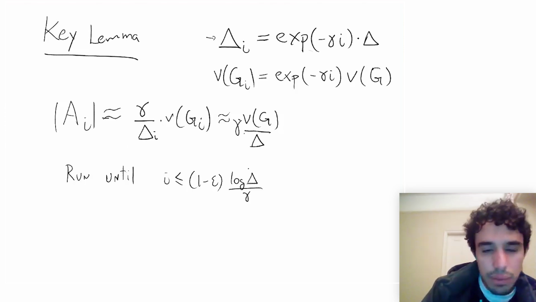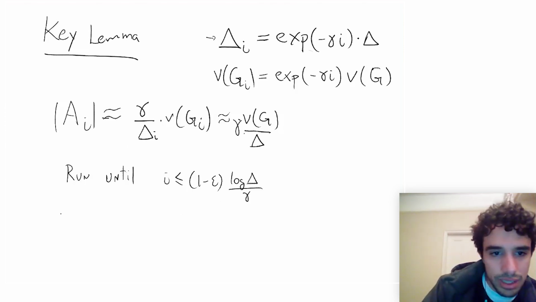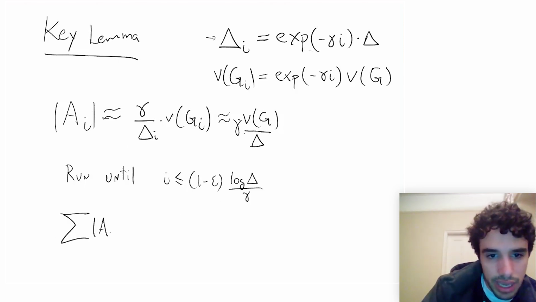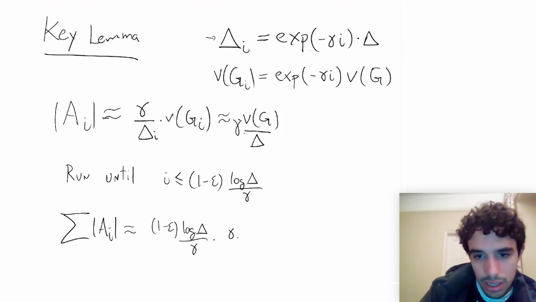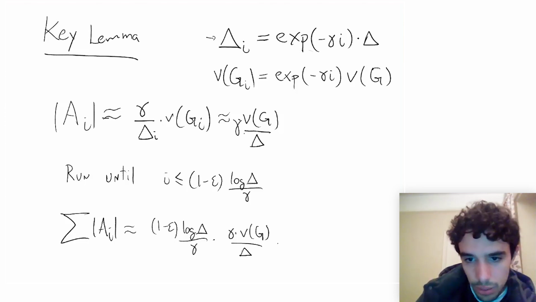If we run for this many steps, the sum of the sizes of the A_i will be roughly (1 minus epsilon) times log delta over gamma times gamma V of G over delta. So we'll have roughly what we want, which is basically log delta over delta times V of G.